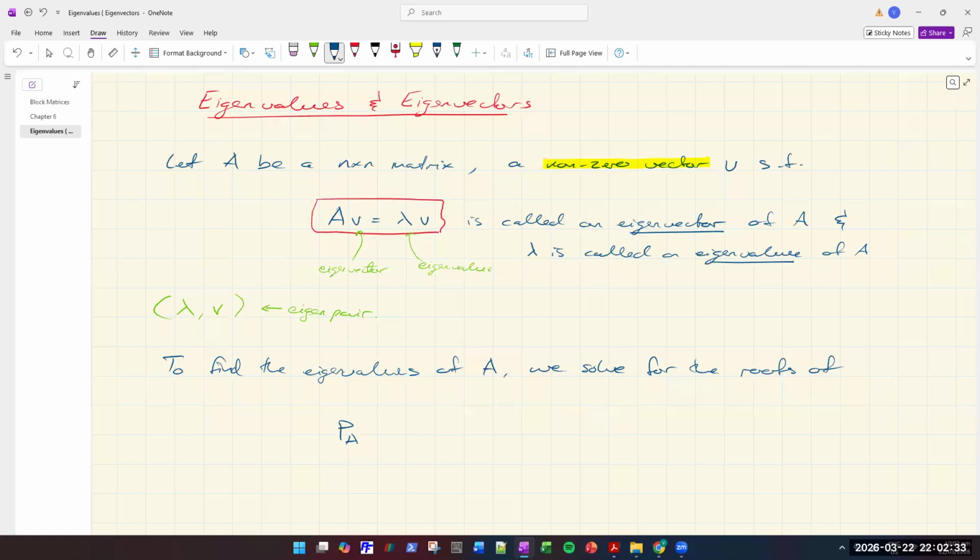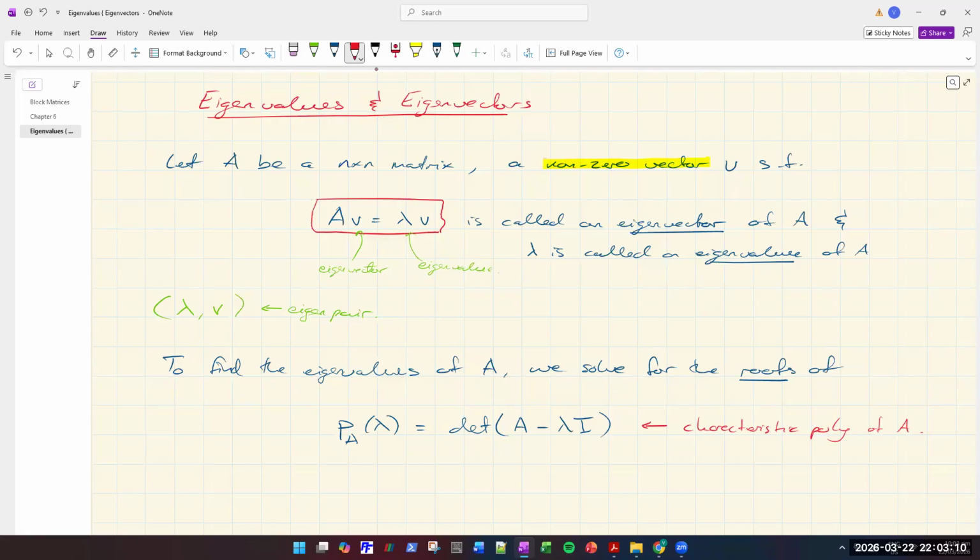So P_A of lambda, this is a polynomial of degree n, where n is the size of the matrix. In order to get this polynomial, we take the determinant of A minus lambda times the identity. And we of course solve for the roots. Roots mean when is this polynomial 0. This polynomial we call the characteristic polynomial of A.